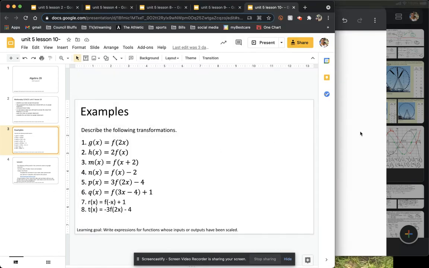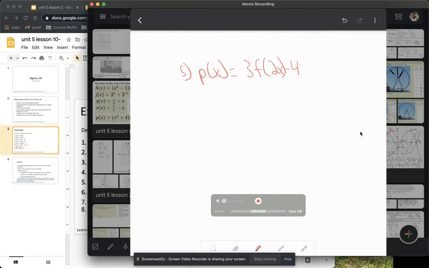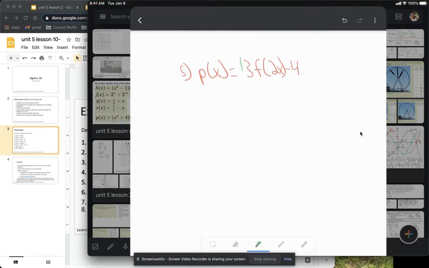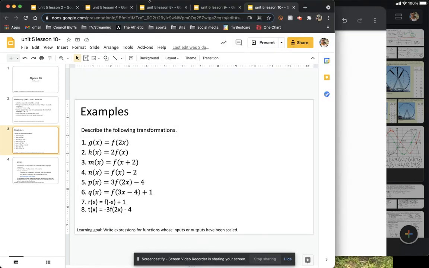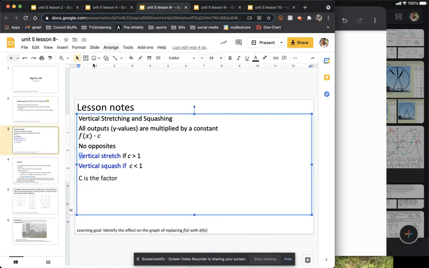First things first, I'm going to look at this one right here, the multiplying by 3 outside the parentheses.